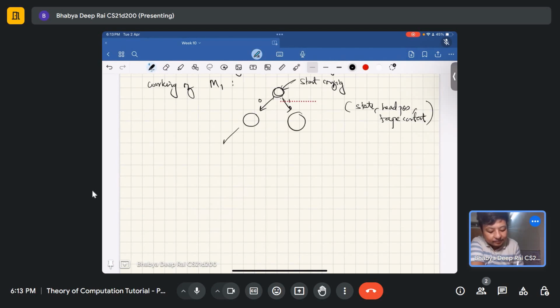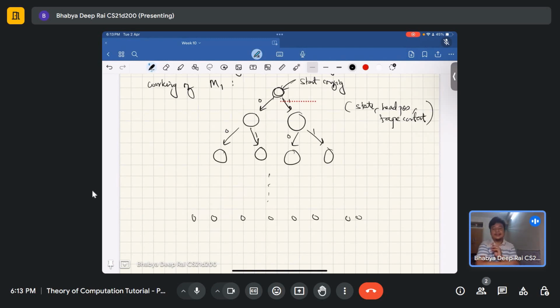And next step, and next step, and so on. Right. So this is the worst case in that sense. This is the most non-deterministic, loosely speaking, way a machine can behave.